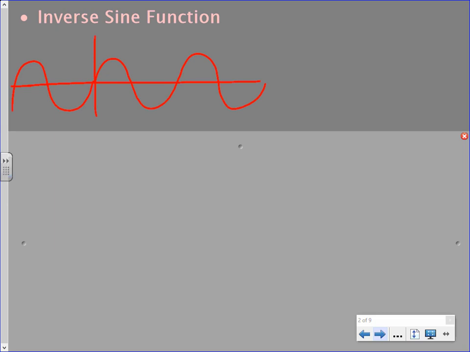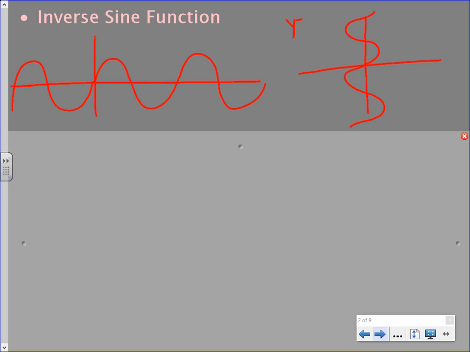If we were to graph this as a reflection over y equals x, this would happen. Is that a function? It is not a function.